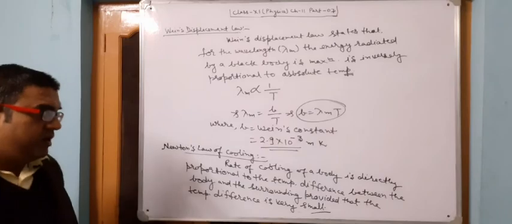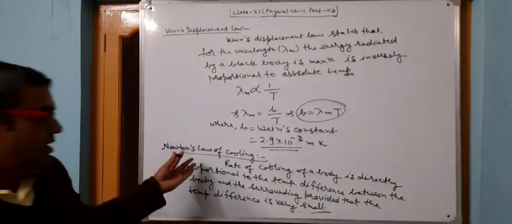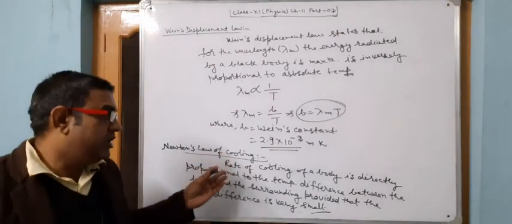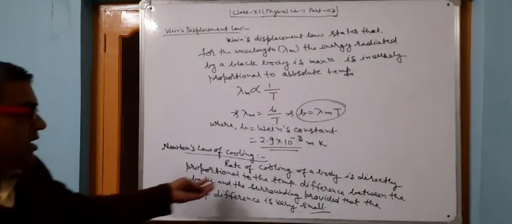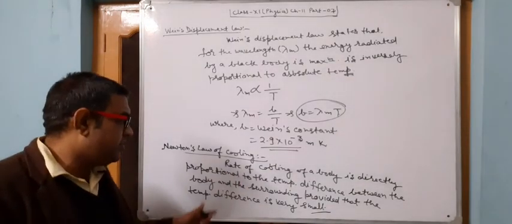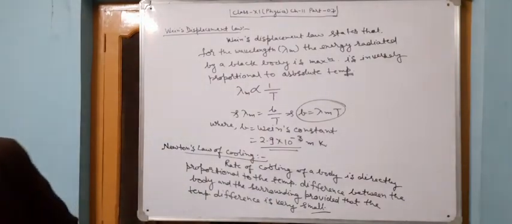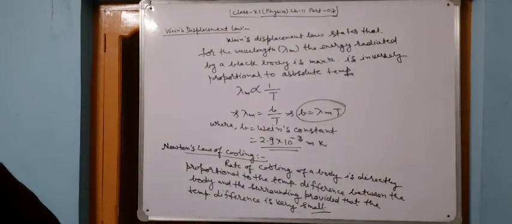So Newton's law of cooling says that the rate of cooling of a body is directly proportional to the temperature difference between the body and the surrounding, provided that the temperature difference is small.